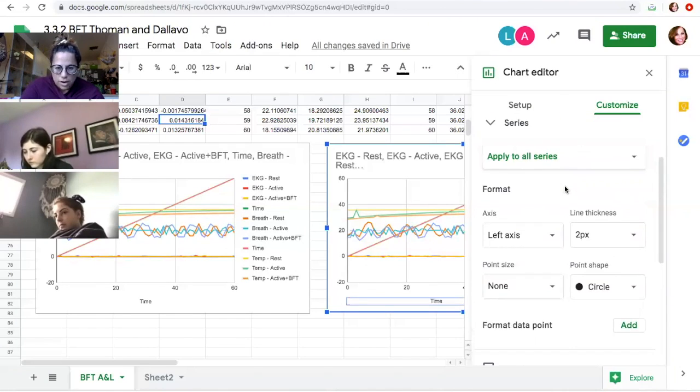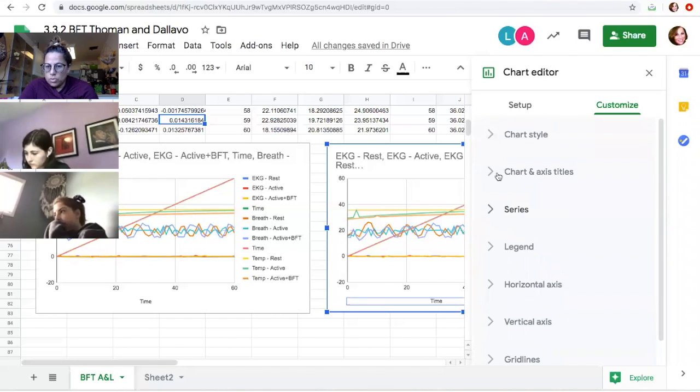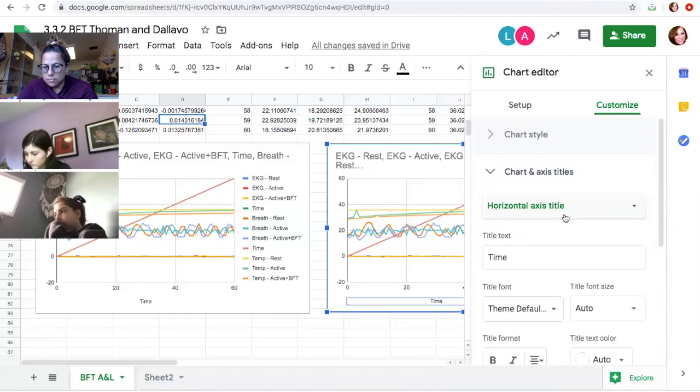I'm just looking at your graphs. They actually don't need that to be done. Okay, I lied. Close series. Go to chart and axis titles.